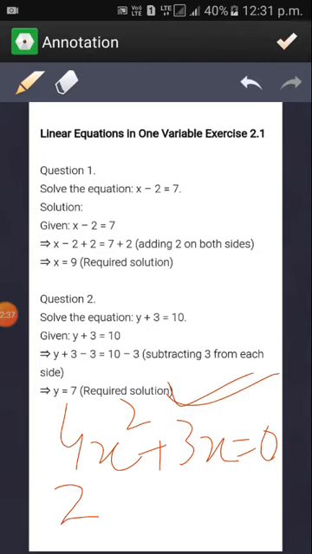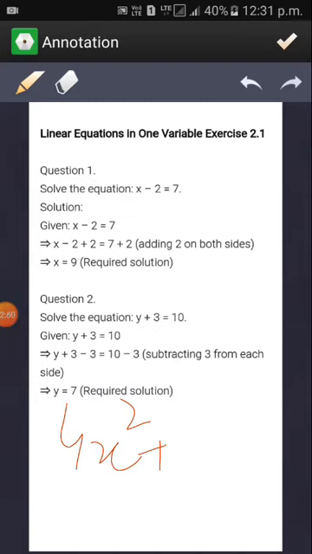I will write one another: 2x plus 6 is equal to 0. This too is an algebraic equation. So you are well aware of algebraic expressions and algebraic equations now.